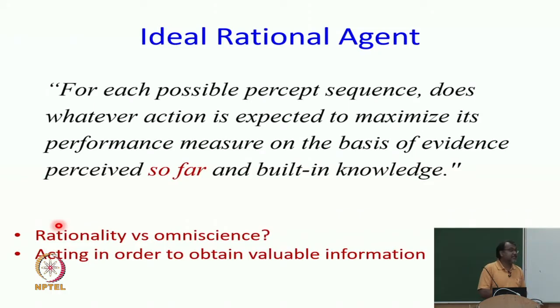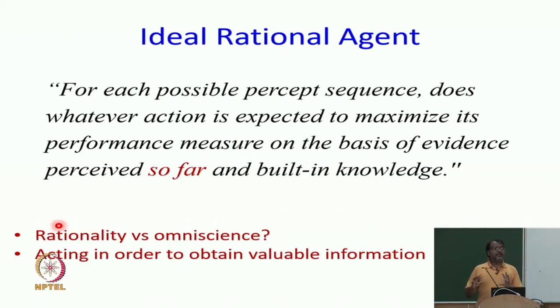Our definition of acting rationally was that I will have a rational agent, it will be observing the world through an observation sequence or a percept sequence, and then it will have some opportunities, it will take some actions. And this action would be one that optimizes its performance measure on the basis of evidence perceived so far and on the basis of built in knowledge.